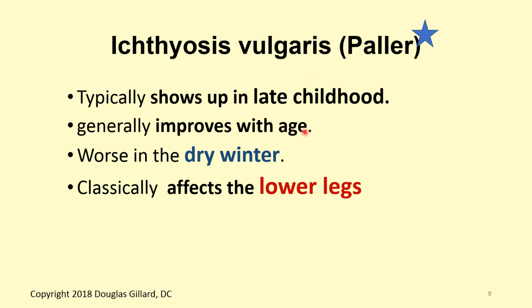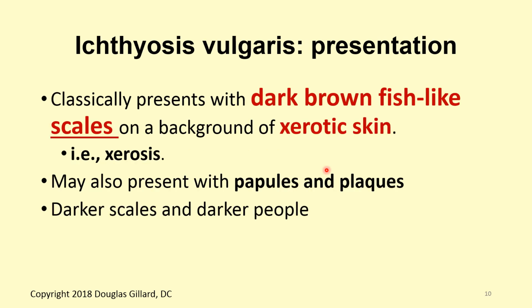Ichthyosis vulgaris typically affects the lower legs first, and classically presents as dark brown fish scales, which may or may not be on a background of xerotic skin. Usually the skin is dry and then it starts clumping together into these fish scale things. They can present as plaques or papules, but typically it's these fish scale-like things.